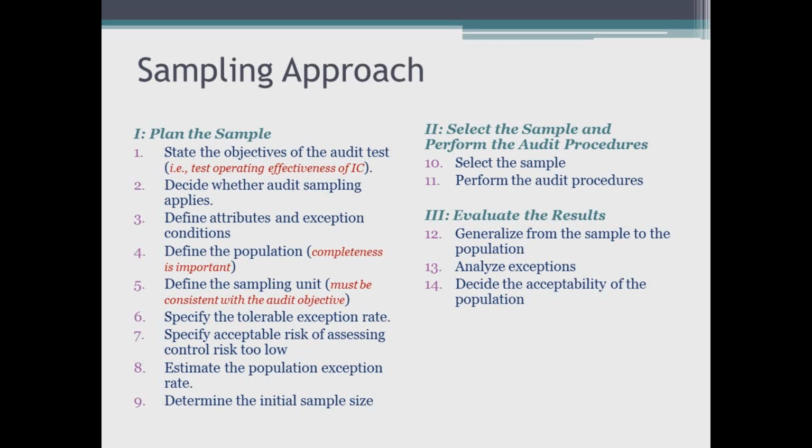So again, you have to define what your attributes are, which are related to your audit procedures, because remember, your sampling is your audit procedures. It's the performance of your audit procedures. You have to be able to define what the attributes are and identify what the exception conditions are. Another example of that would be attribute number 4 on table 15.3.